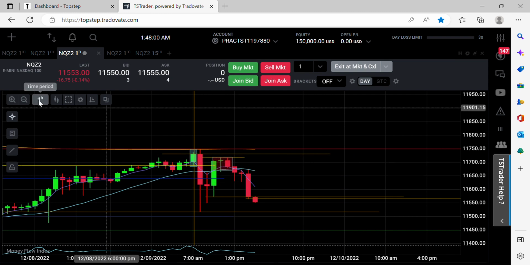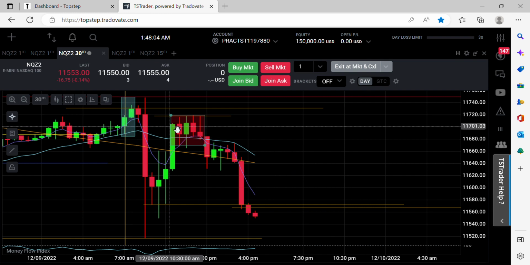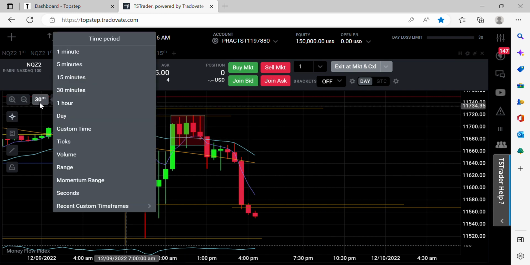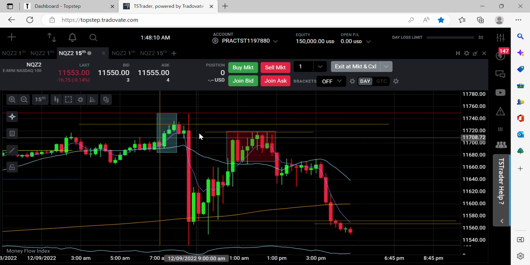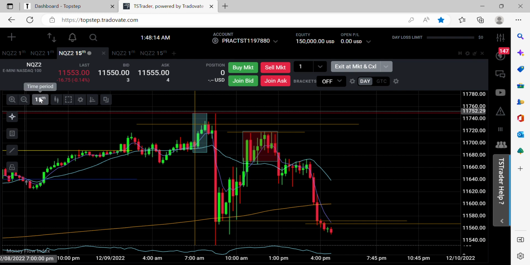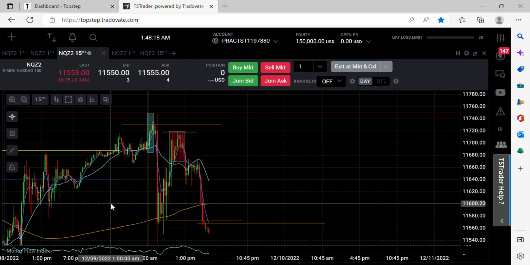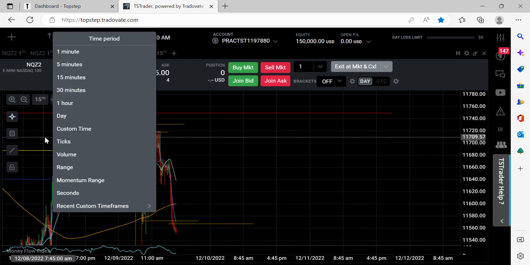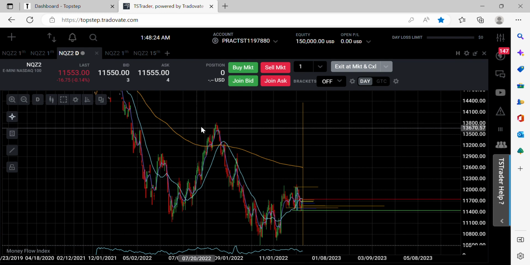Not so much on the hourly. 30-minute gets a little juicy. I'd say the 15 is fun, but just based on our overall analysis from the daily to the 4-hour to the hour, we've established previous history. Not so much in here.